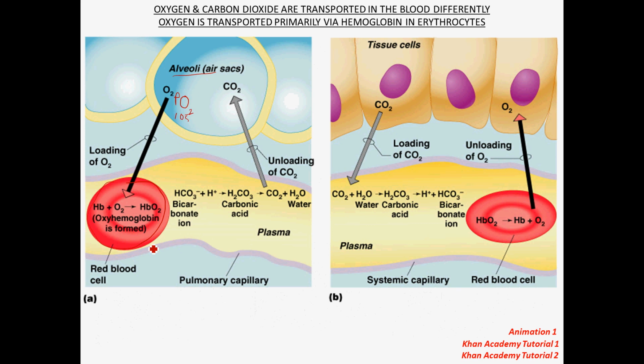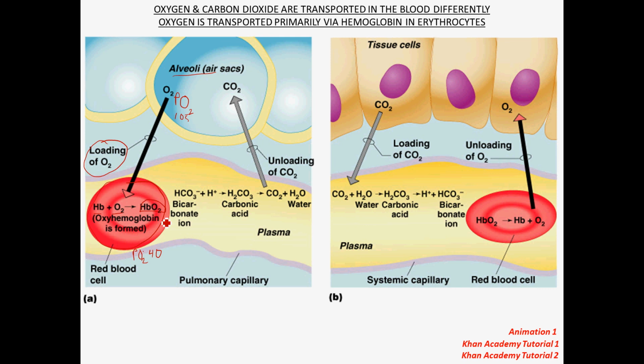As the blood enters this pulmonary capillary here, again the PO2 here is about 40. And so oxygen is going to diffuse down its concentration gradient, down its partial pressure gradient rather. And we talk about the loading of O2 onto hemoglobin. And so we see we have deoxyhemoglobin plus oxygen gets us then oxyhemoglobin right here.